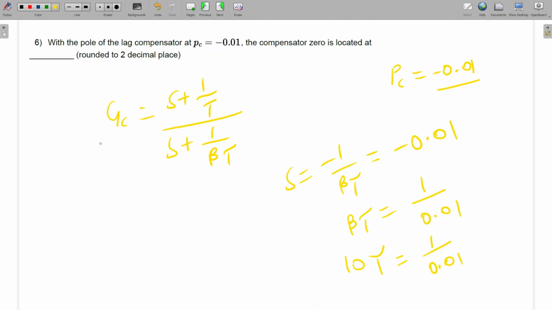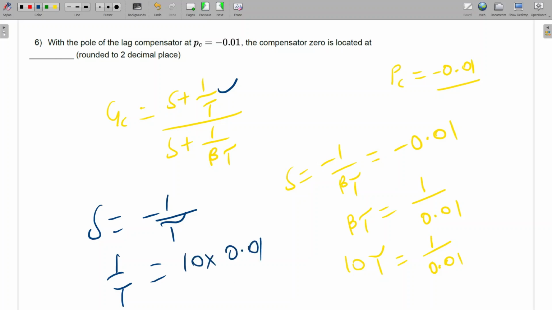But here, what is the zero value? Zero we have to calculate. So the zero is s equal to minus 1 upon tau. What will be the value of 1 upon tau? 1 upon tau will be equal to 10 into 0.01, that is equal to 0.1.